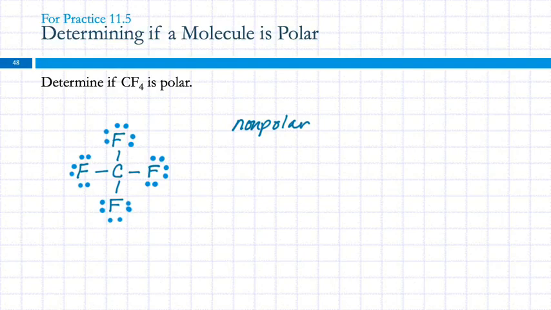If we have 4 electron groups around the central atom, what's the electron geometry? Tetrahedral, right? So tetrahedral is going to be shaped like that. And then we would look at the vectors.